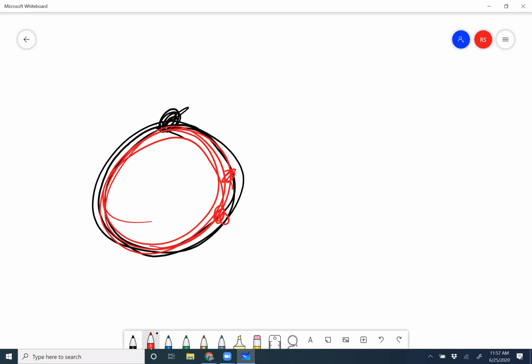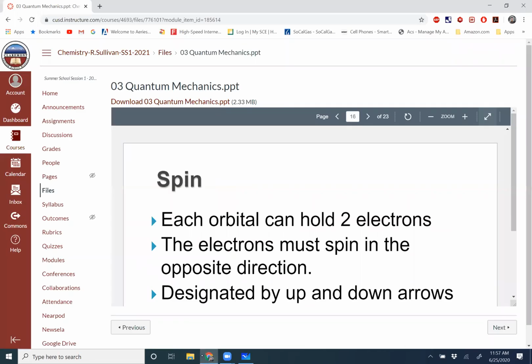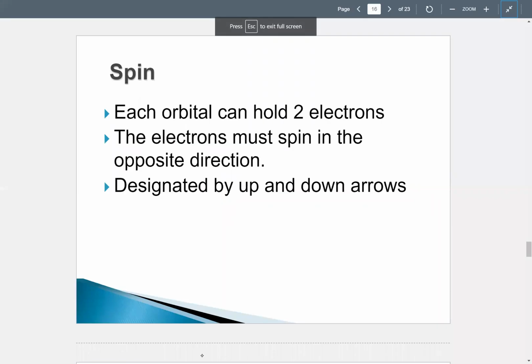But if you're spinning in opposite directions, then you're only going to be near each other for a very short amount of time. So the reason why only 2 electrons fit in each orientation is because they have to spin opposite of each other so that they interact as little as possible.